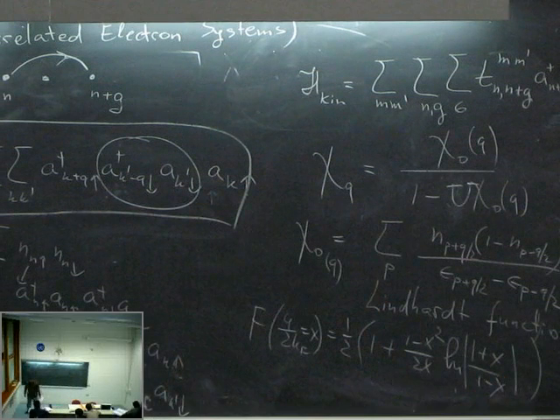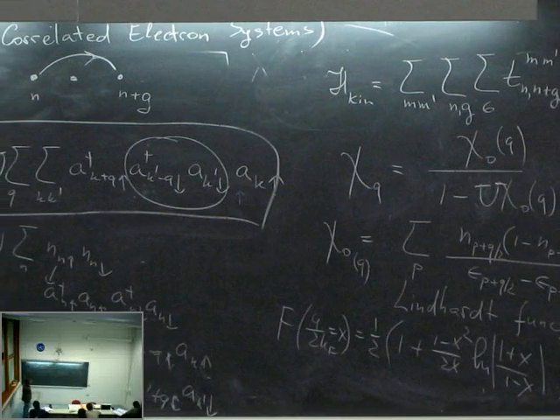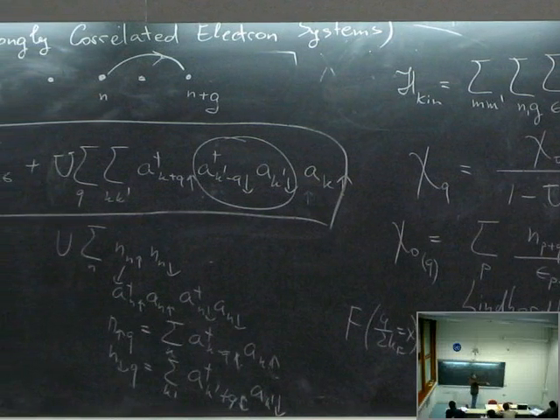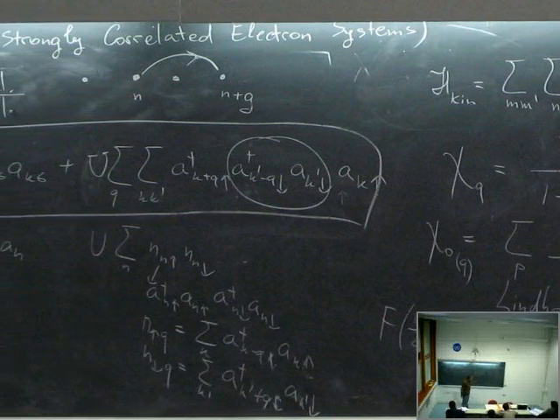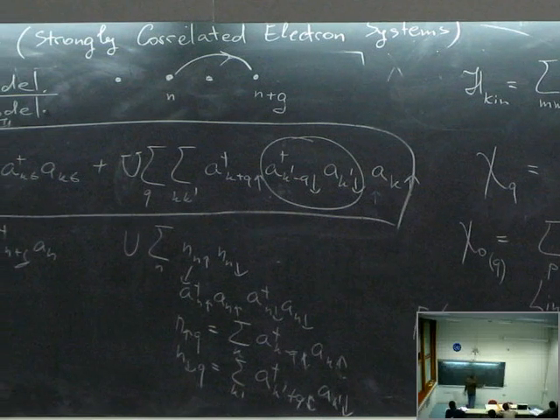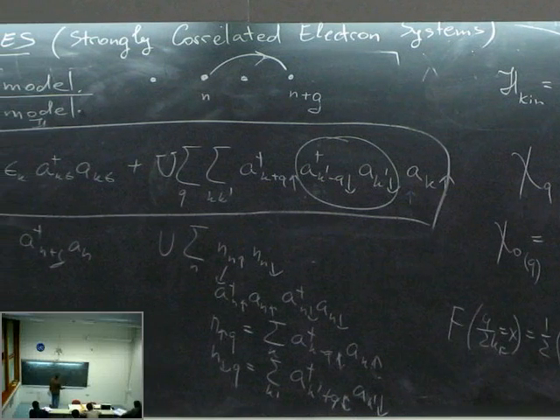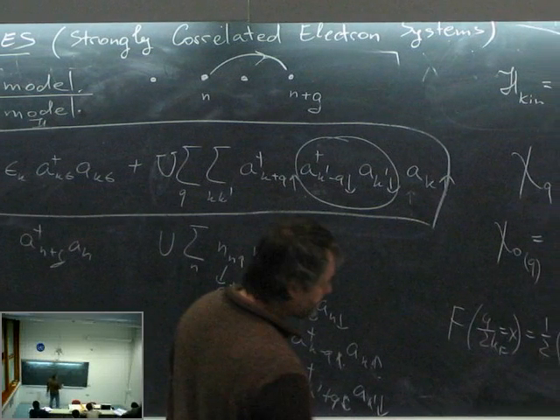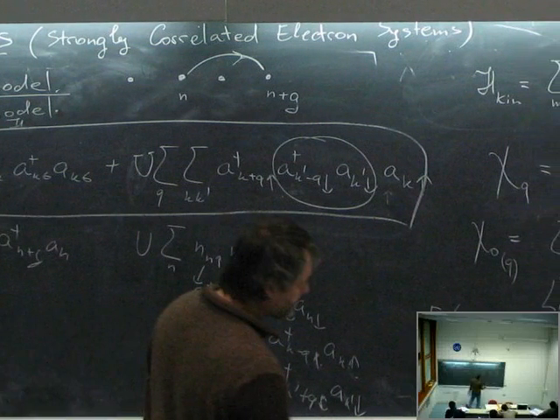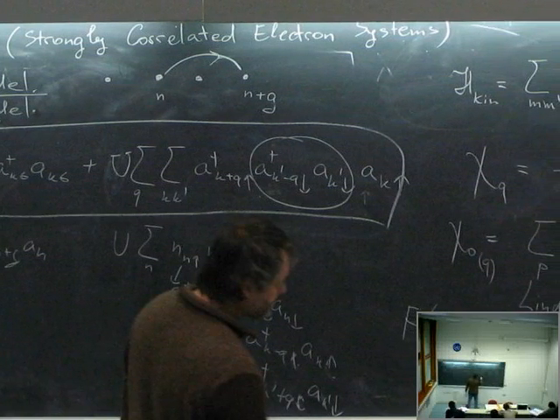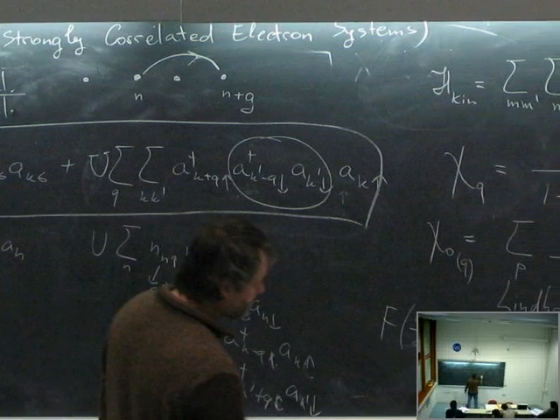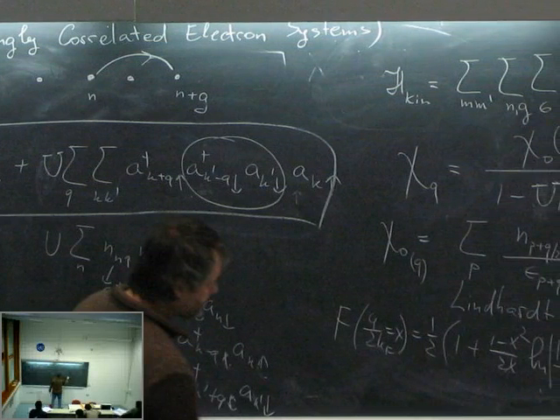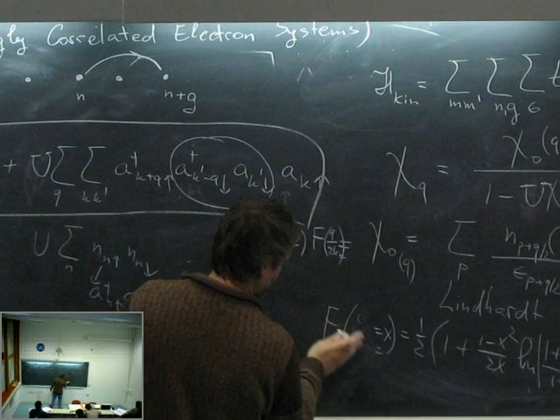What I see here is that if I consider my function at q equal to 0, this is just the density of states. So chi naught is equal to the density of states at the Fermi energy times the Lindhard function of q over 2k_F, and this is x.